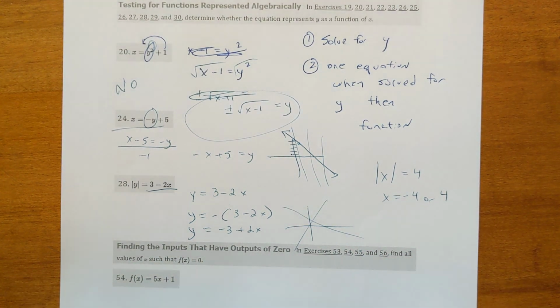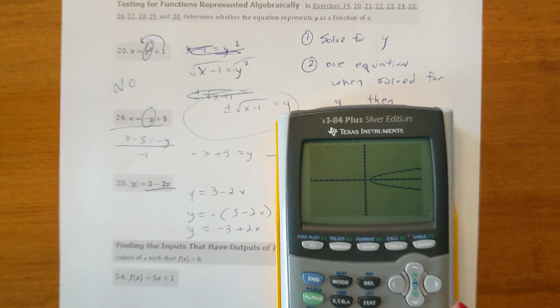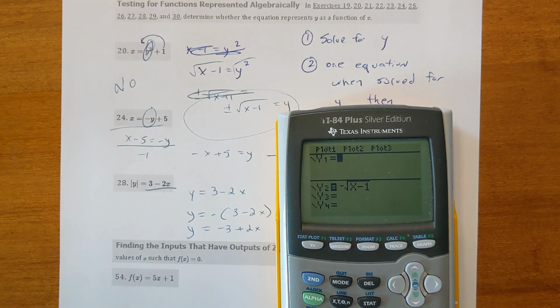We could put it in the calculator here so you can see it. So we got 3 minus 2x. And then we've got negative 3 plus 2x. So it's not going to pass the vertical line test.